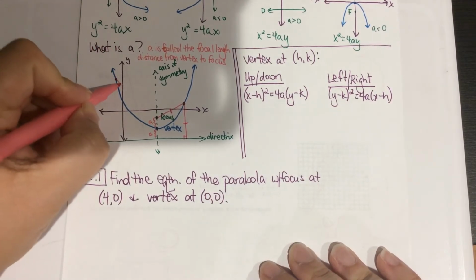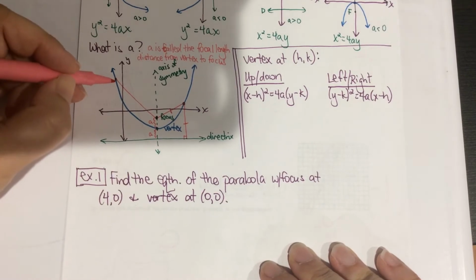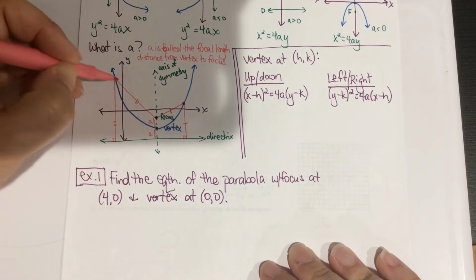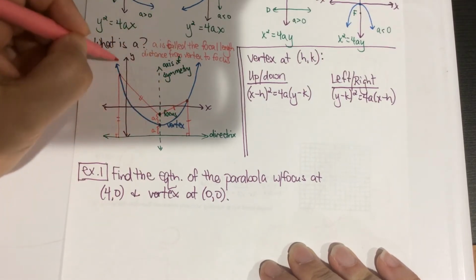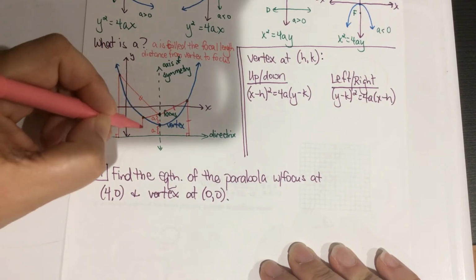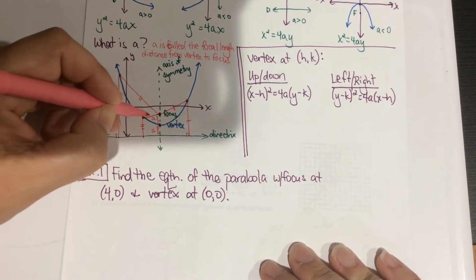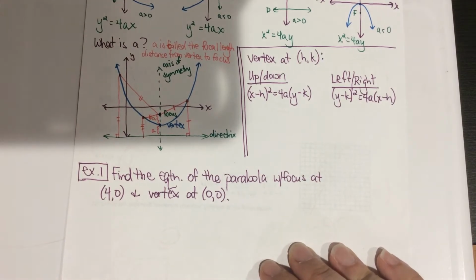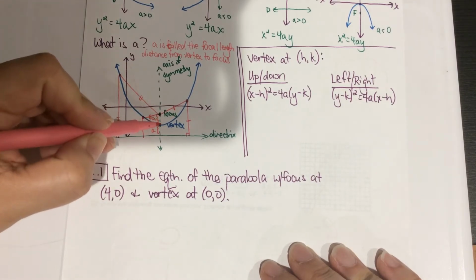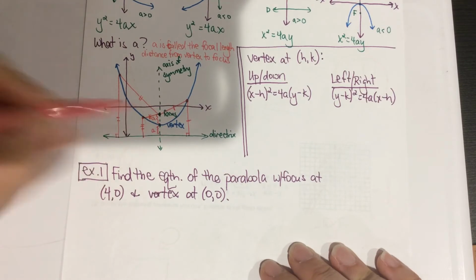The distance from point to focus is the same as the distance from point to directrix. So any point on the parabola, it doesn't matter where I go, the distance from that point to the focus is the same as that point to the directrix. So obviously this distance from the point, which just happens to be the vertex, is the same.